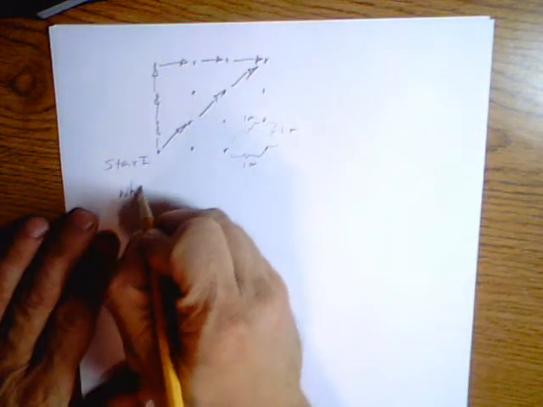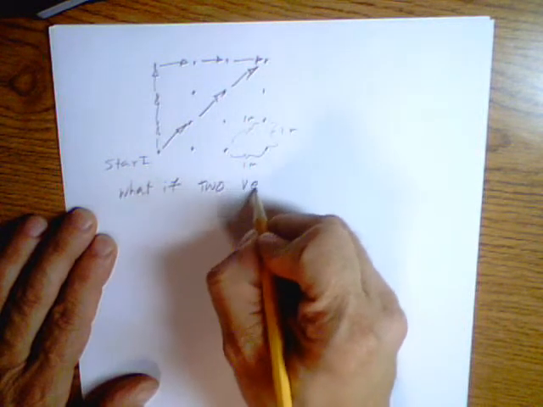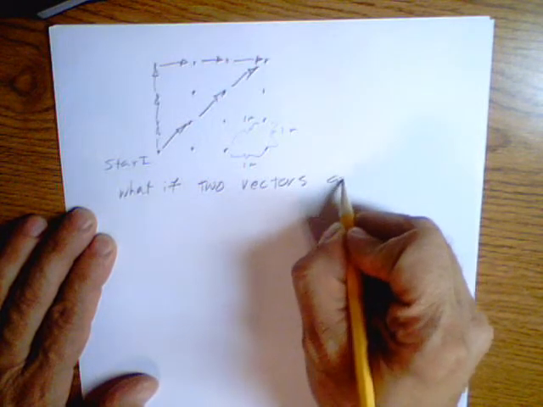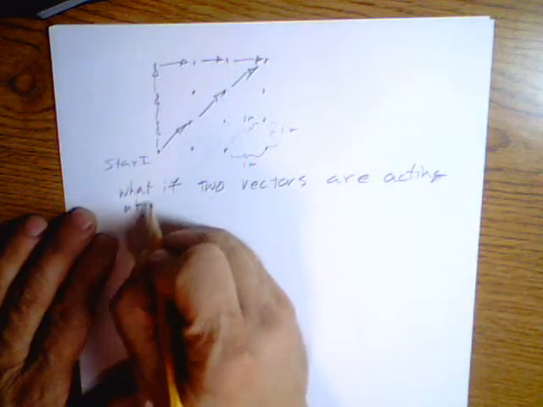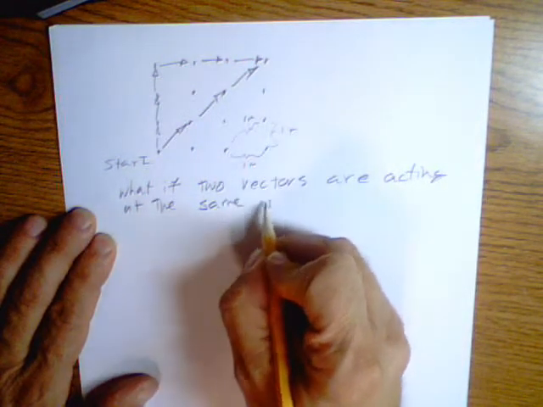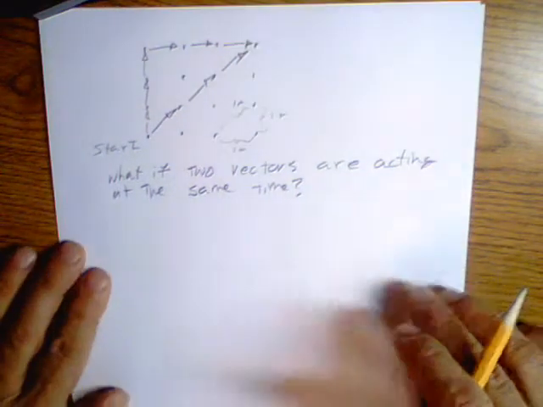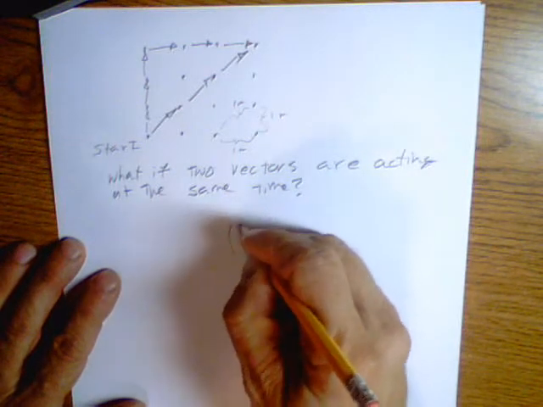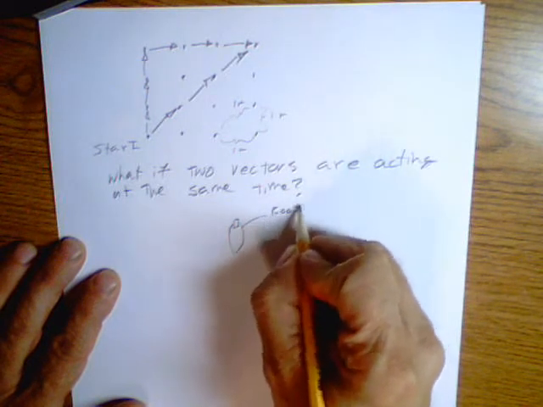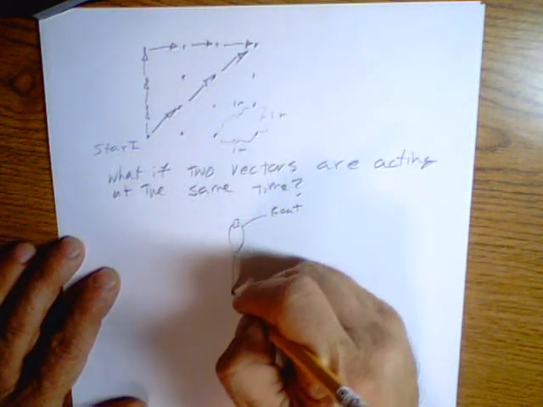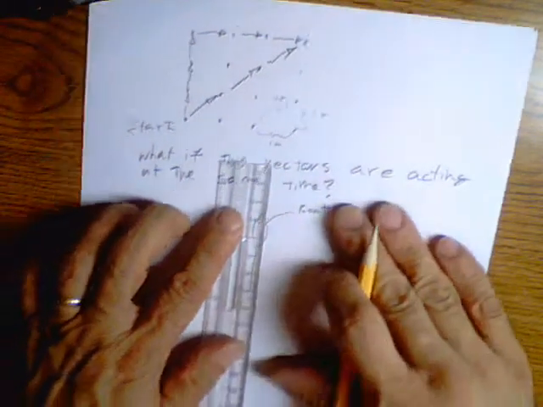What if two vectors are acting at the same time? Now, in that case, we might have an example of a boat. This is supposed to look like a boat, and the boat is traveling. And just for simplicity's sake, we'll just use a ruler.